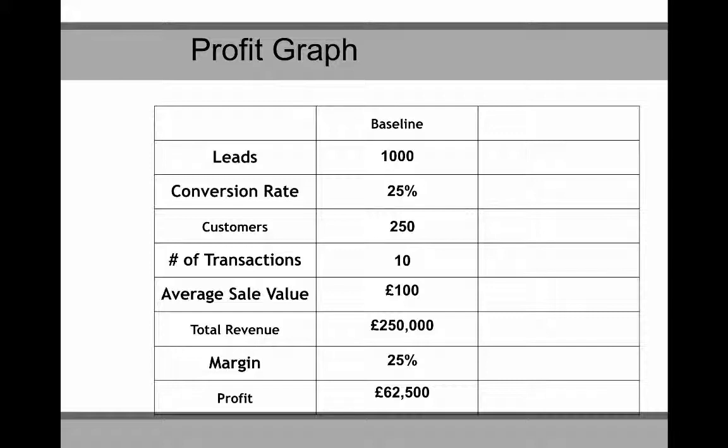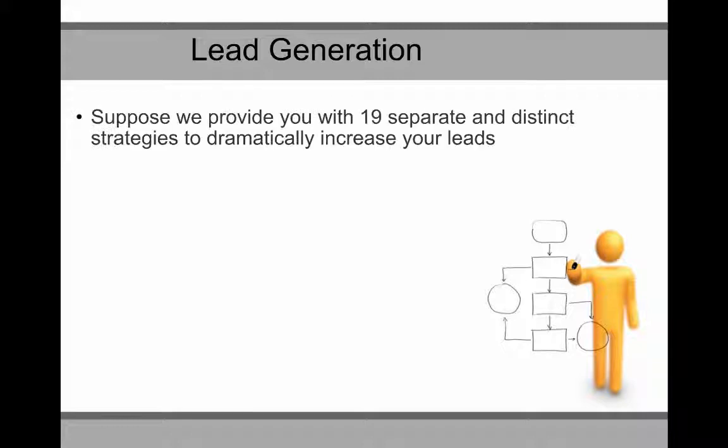The trick now is to find a way to increase each of these 5 critical metrics for your business. With the help of our world-class e-learning system, we're going to provide you with a multitude of ways of doing that. We'll help you increase leads, conversions, your number of transactions, your average sale value, and your overall profit margin.